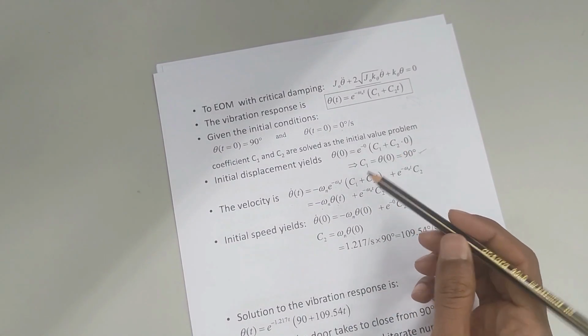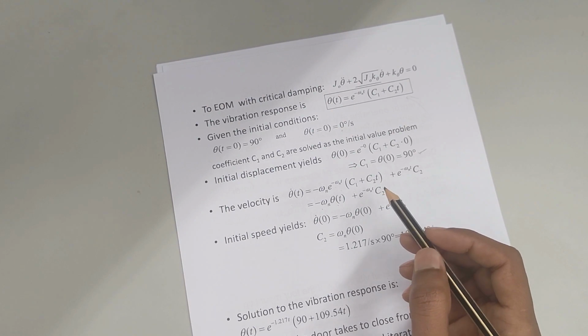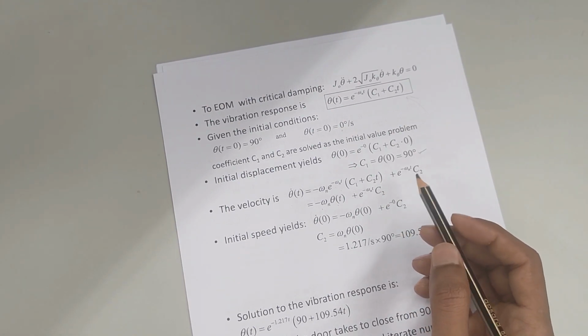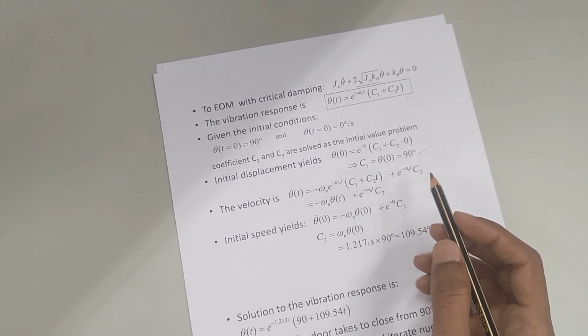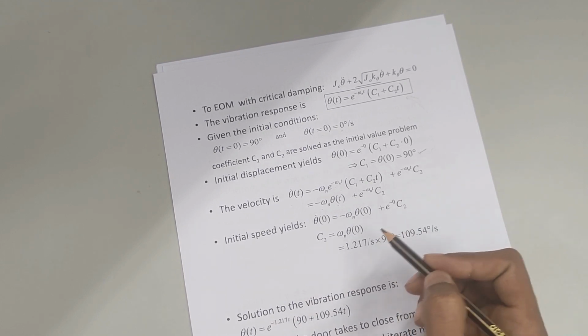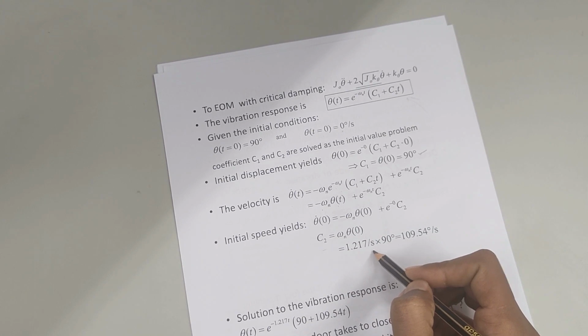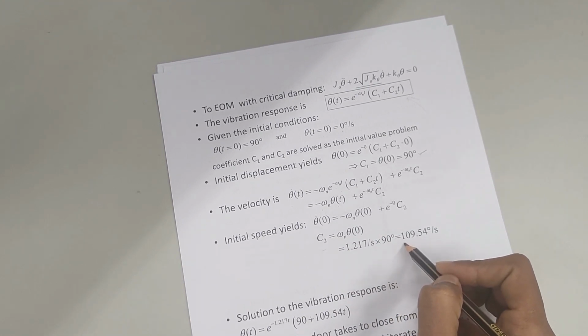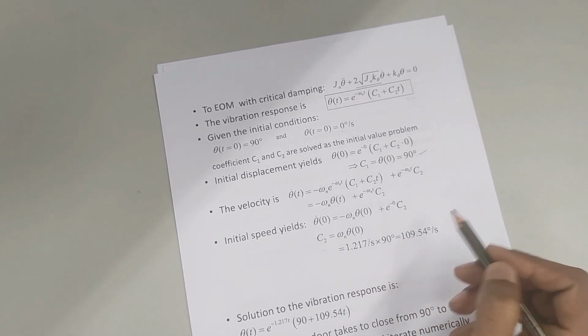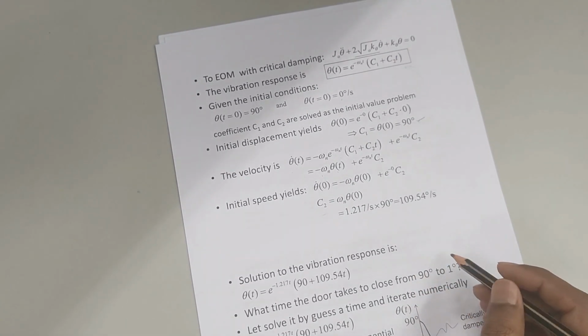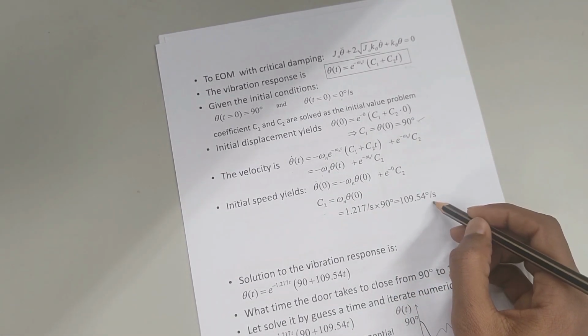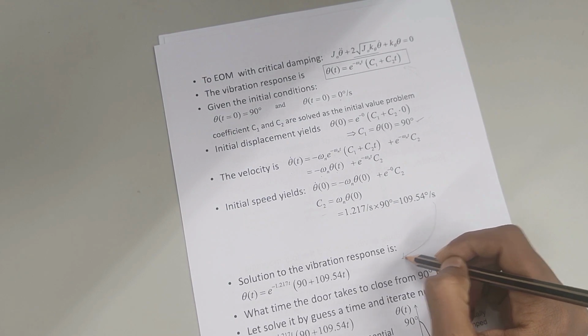The initial speed at t is equal to 0 is 0, so from that we will get c2. The c2 value is 109.54 degrees per second.